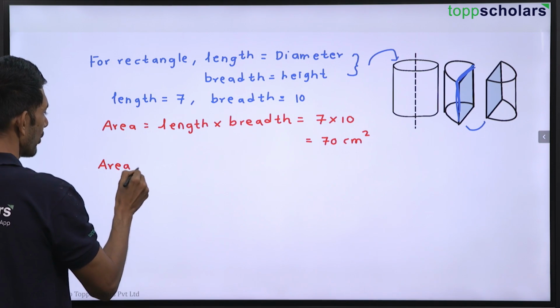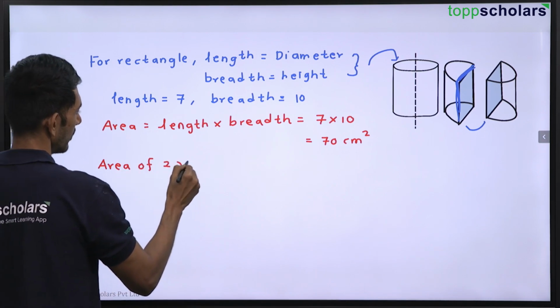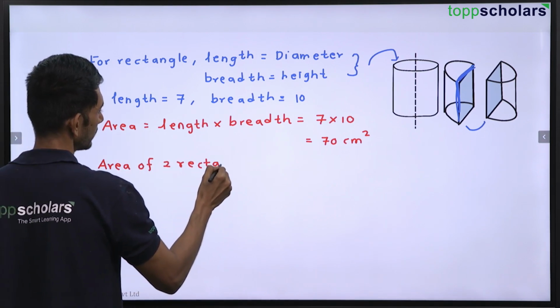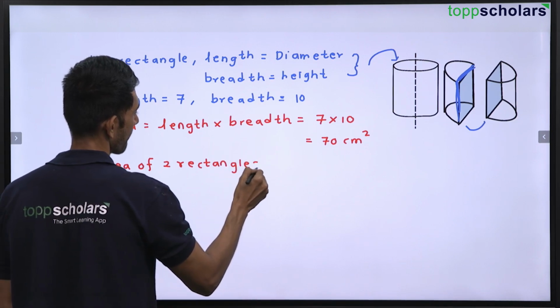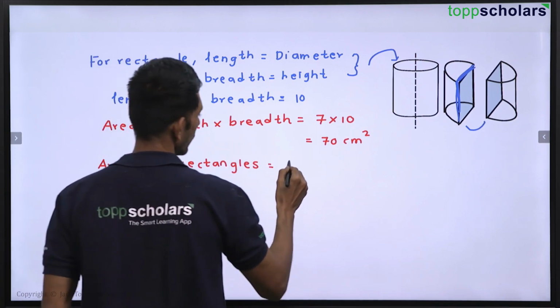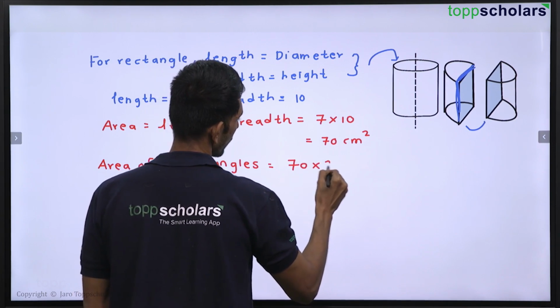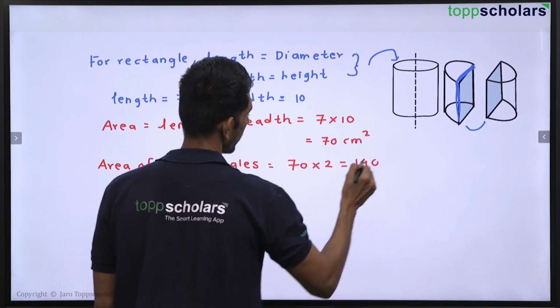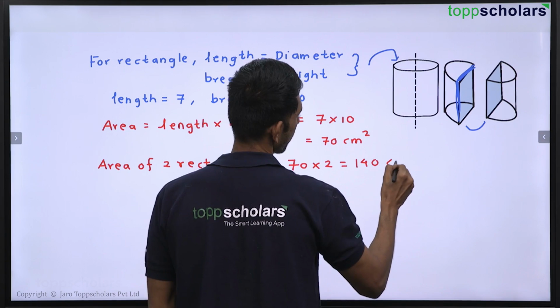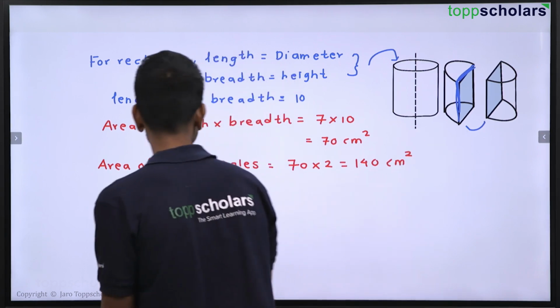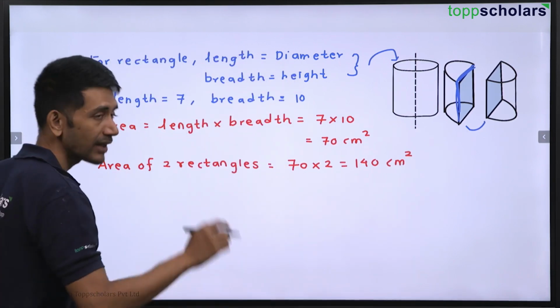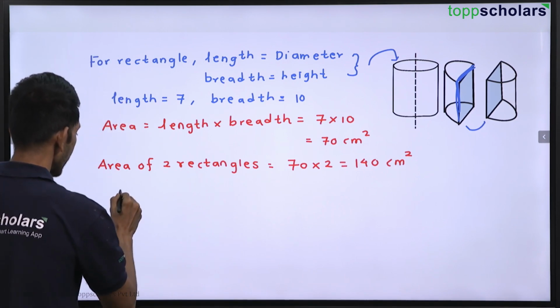I can say the area of two rectangles will be equal to 70 into 2, that is 140 centimeter square.